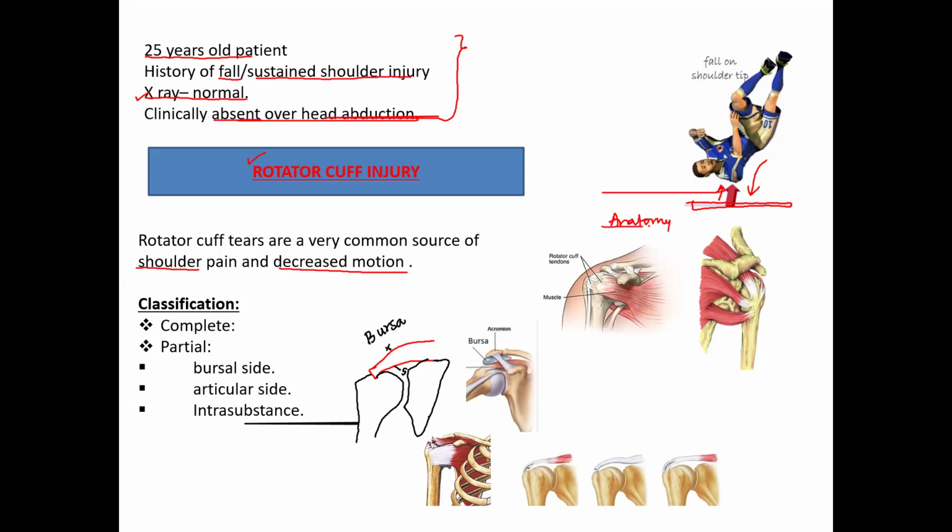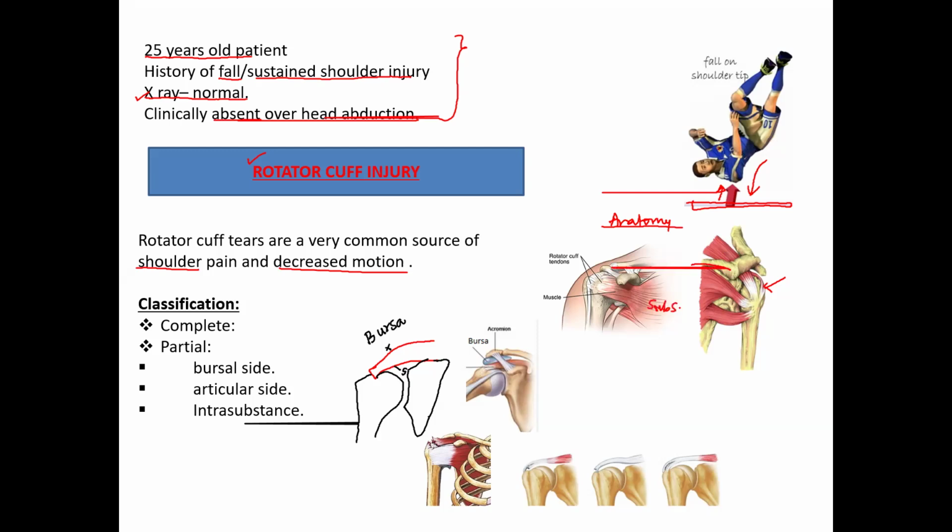In anatomy, we need to know what exactly the shoulder rotator cuff is. If you see here, this is the proximal humerus, this is the glenoid, and this is the spinous process of the scapula. So we have supraspinatus, infraspinatus, and teres minor here, and anteriorly we have subscapularis.